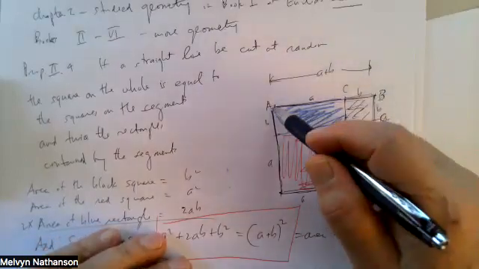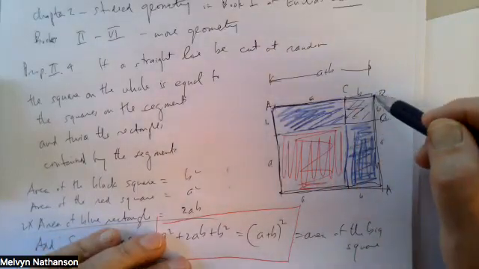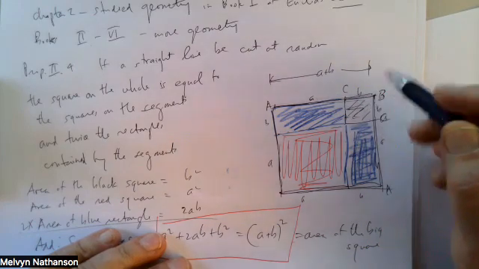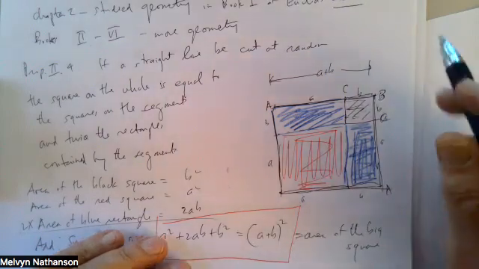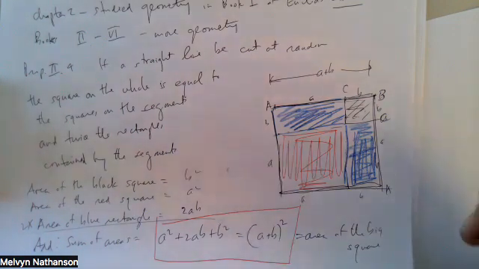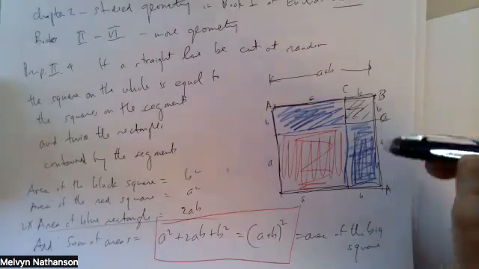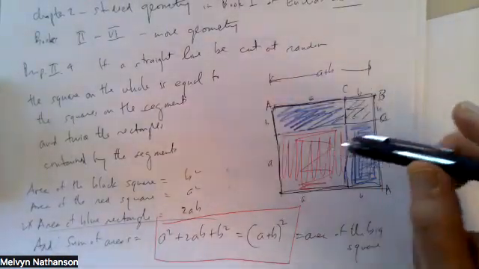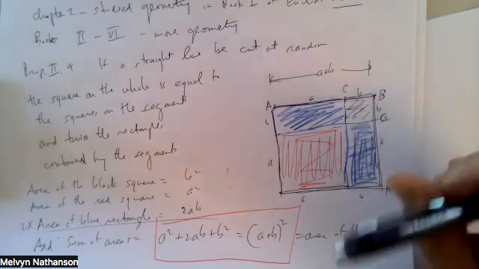So if we say AB has length little a plus little b, the same is true for all four sides of the square. Okay, I see it now. Thank you. Because we're building the square on the line capital AB.